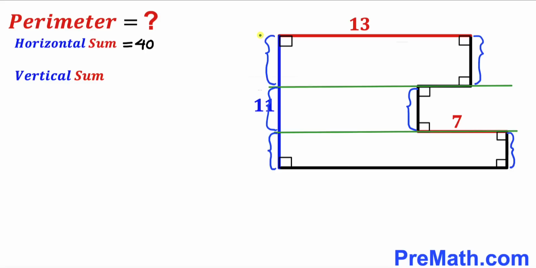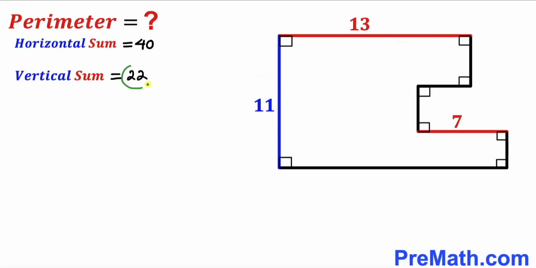We know that this whole segment is 11 units, so we conclude that the sum of these three individual segment lengths is going to be 11 units as well. Therefore our vertical sum is going to be 11 plus this 11, and 11 plus 11 gives us 22. So our vertical sum turns out to be 22.